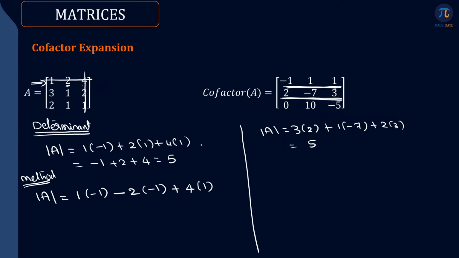You see, the same thing, we can find it directly like this. You don't have to find the entire cofactor matrix. Directly if matrix A is given, you can find the determinant like this: minus 1 plus 2 plus 4. So how much? 5. Is this clear?